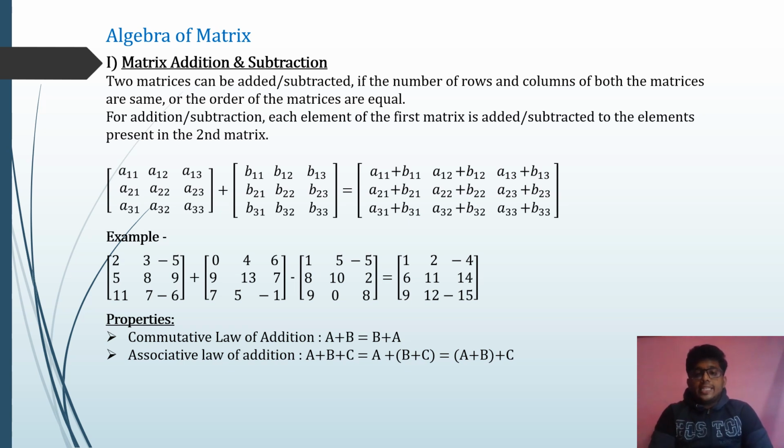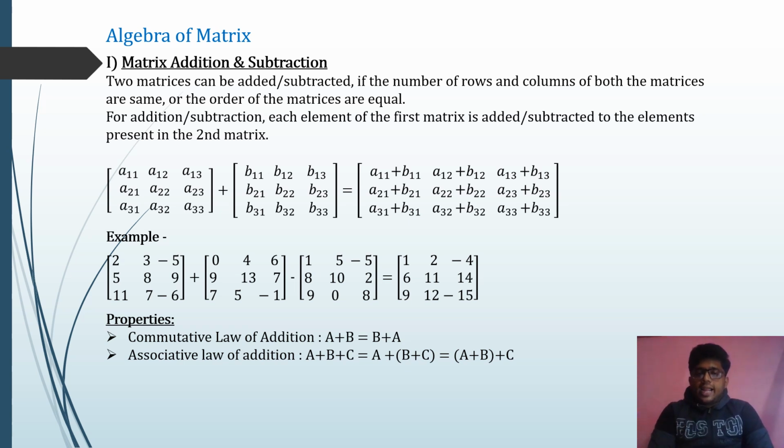Now come to matrix algebra, such as matrix addition, subtraction and matrix multiplication. Among them, matrix multiplication is the most important topic. For matrix addition or subtraction, the most important thing is that the order of the matrices should be the same.